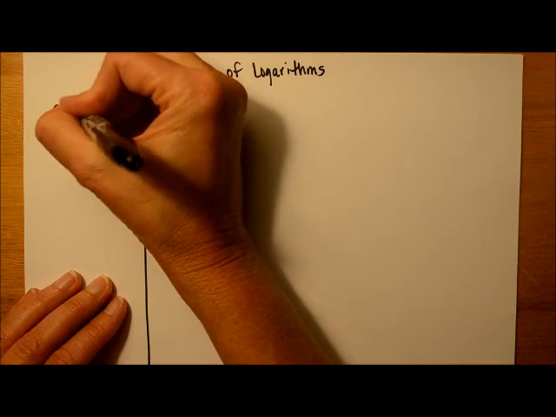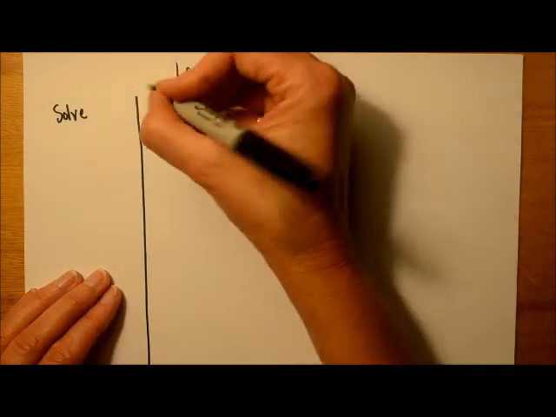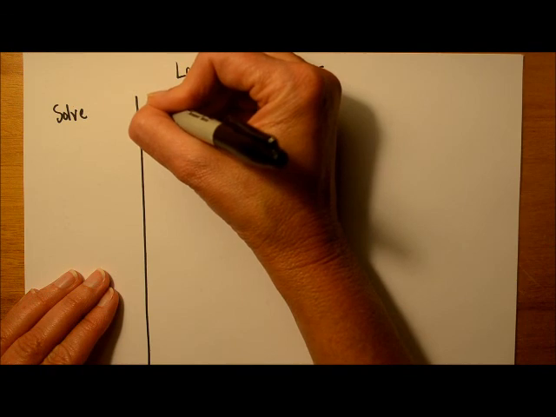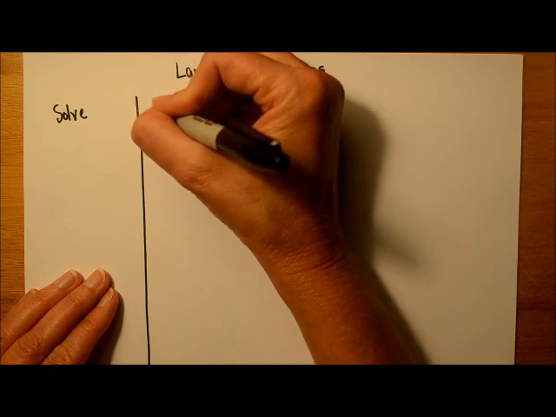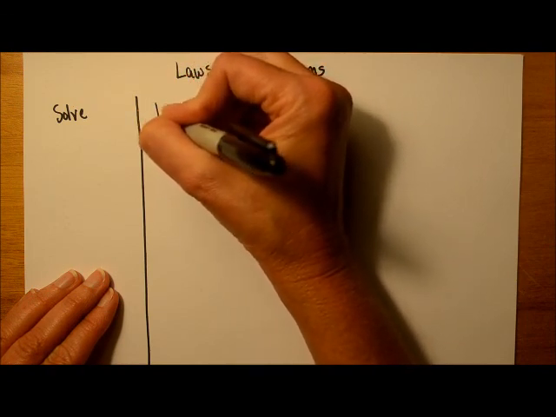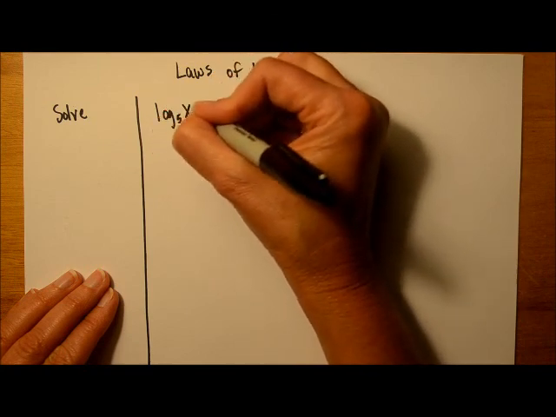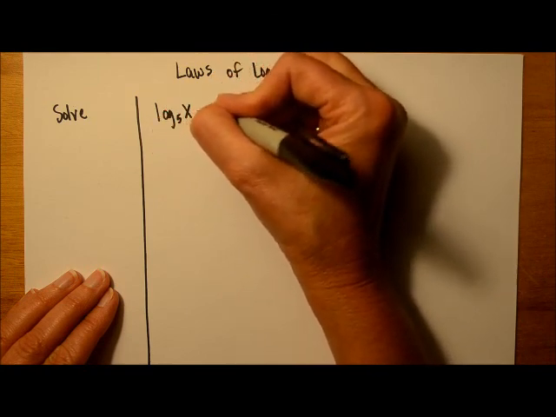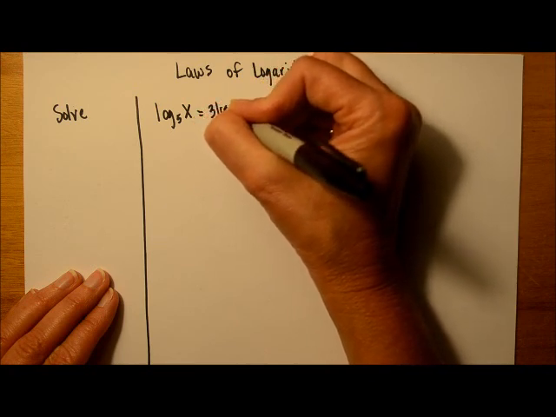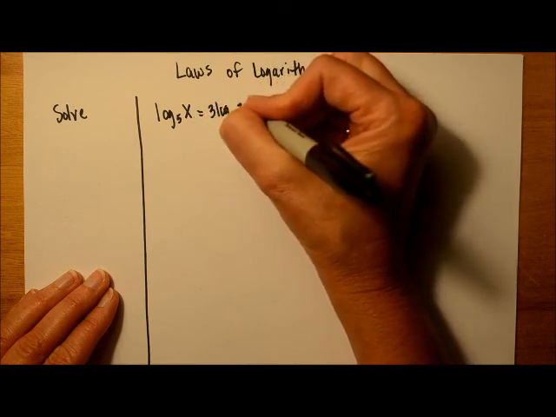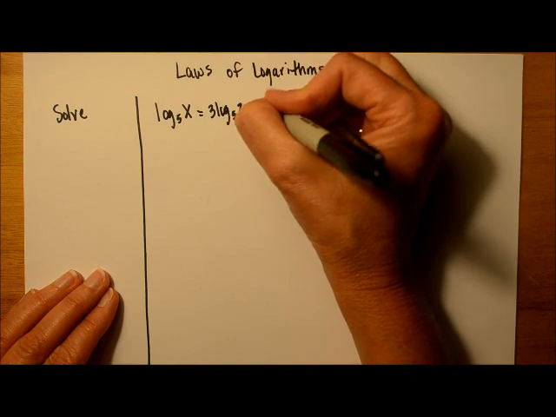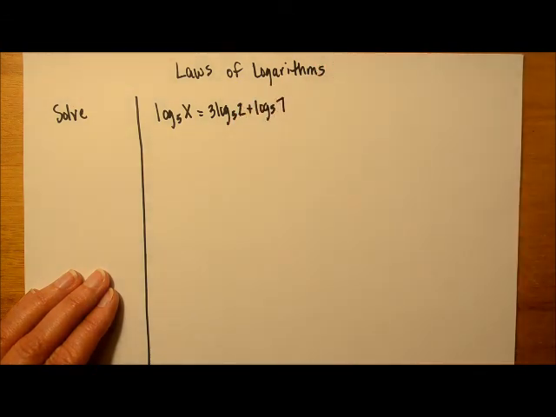Now, I'm just going to have to show you. Log base 5, so we're going to put everything together that we know here. Log base 5 of x equals 3 log base 5 of 2 plus log base 5 of 7.